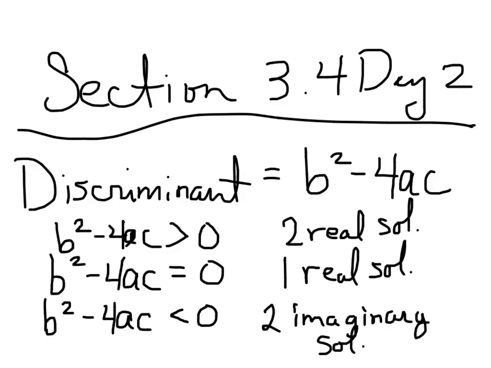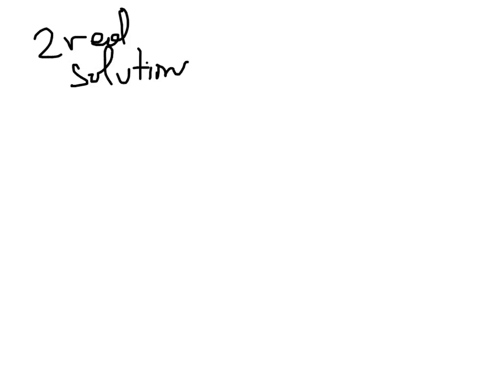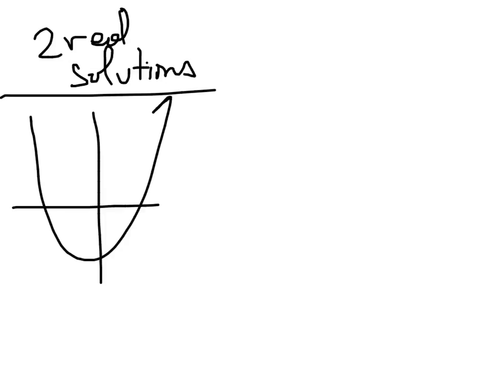Now, for that same type of scenario, if you look at the graphs, for having 2 real solutions, the parabola will hit the x-axis twice. If it has 2 real solutions, it will hit the x-axis in 2 spots.